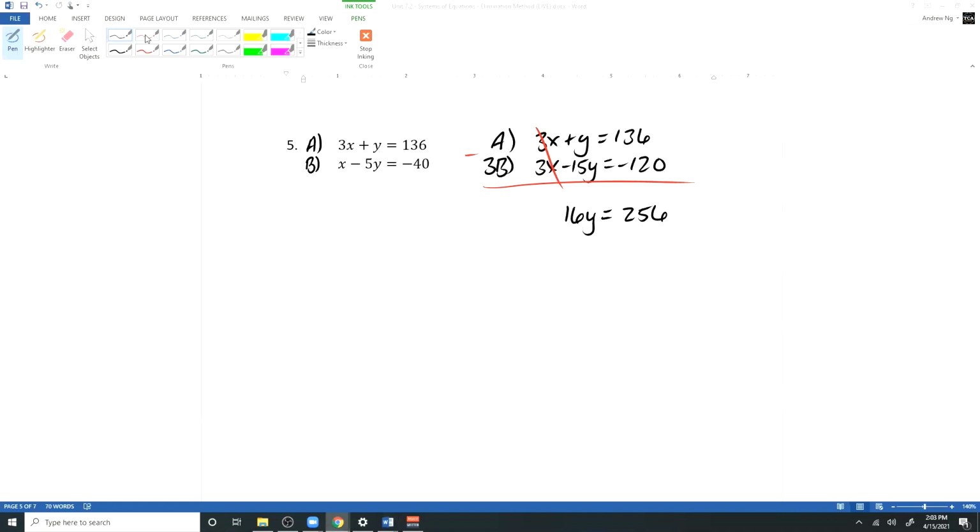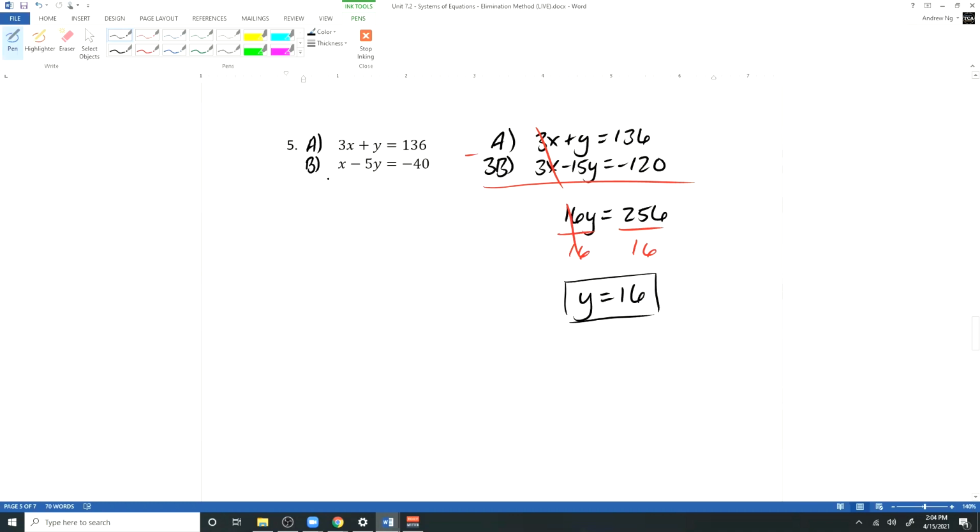All right, and then divide both sides by 16. Y is equal to 256 divided by 16 is 16. Lastly, plug y equals 16 into either of these equations to solve for x.